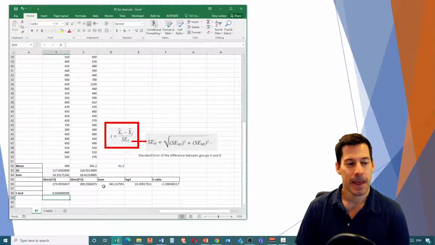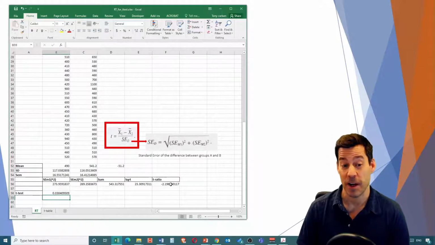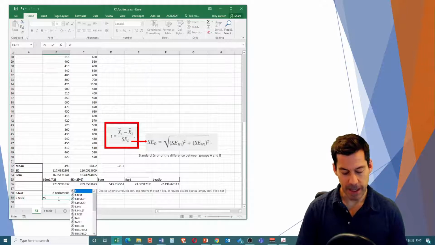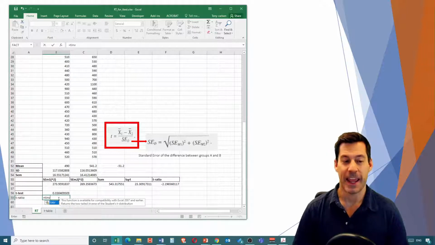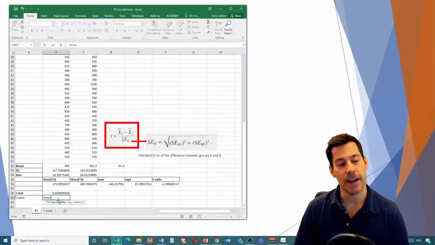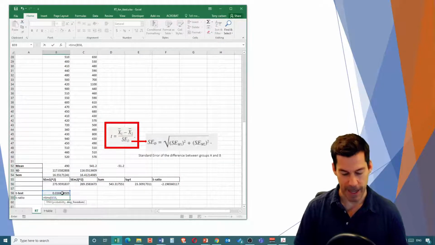All right. The last thing I'll show you is, if you just did the t-test and didn't want to go through this whole math to get the t-ratio, you can get the t-ratio by using a function called t-inv, so inverse t. It asks for our probability, which is this value here, and our degrees of freedom, which we just calculated was 98.